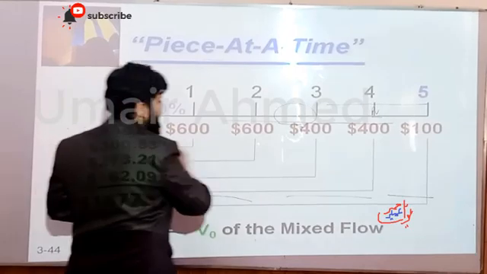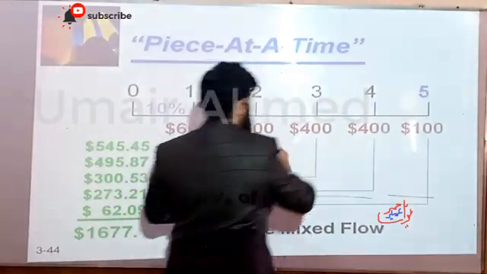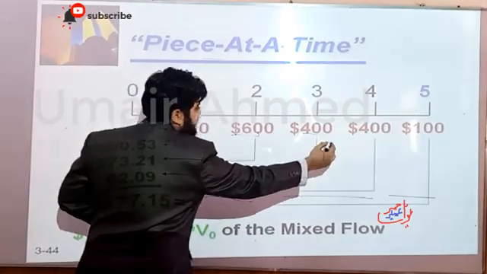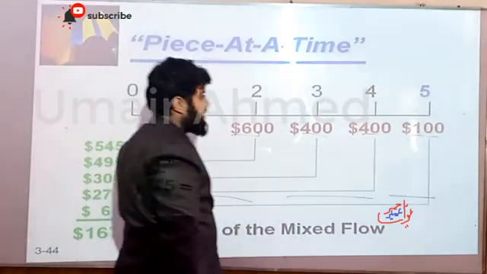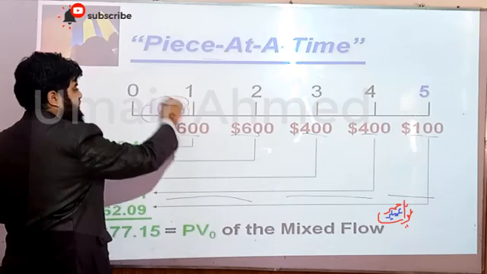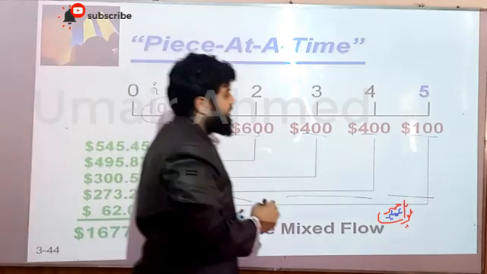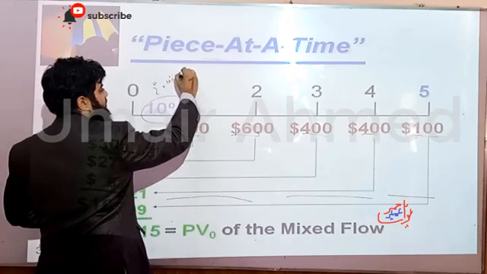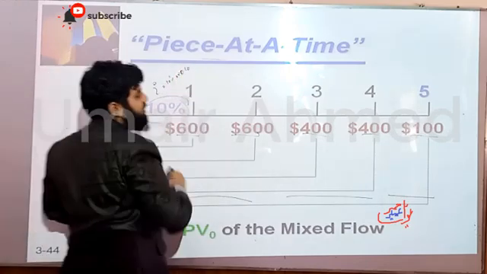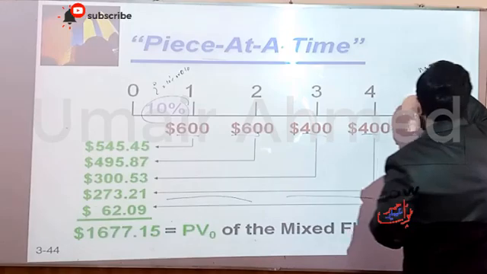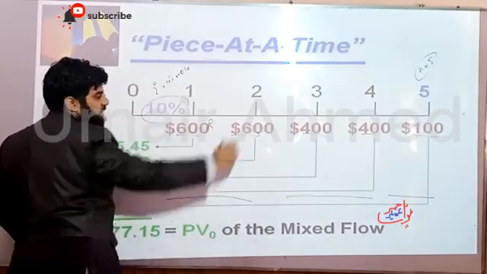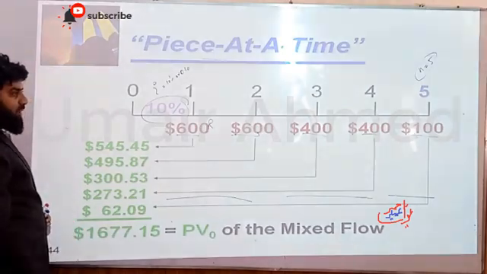It's very simple. As you know, we have a mix of cash flows: 600, 600, 400, 400, and 100. And we have interest of 10%, or we can also write it as 0.10, and the number of years is equal to 5, and these are values of R. So how to calculate the first one?